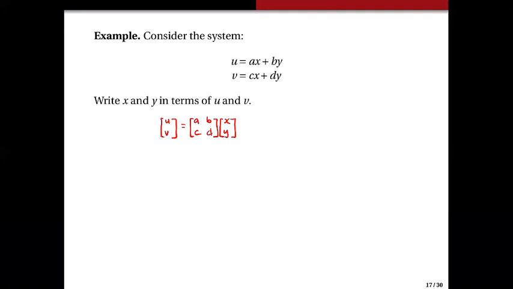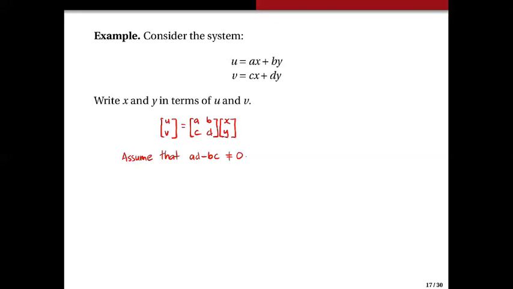So what we're going to do is the following. First, we will assume that AD minus BC is not equal to 0.